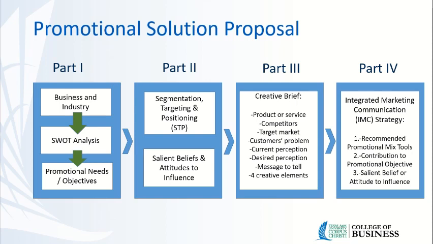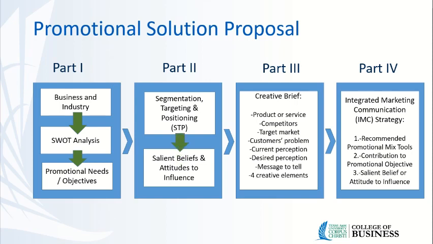Now, something important: you don't have to tell yet what specific marketing activities you will do. You have to be very, very clear on this. At this point, you don't have to say yet that you will do advertisement, that you will do public relations, not yet. That will be in part 4.